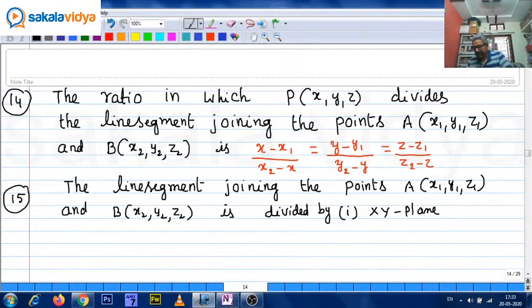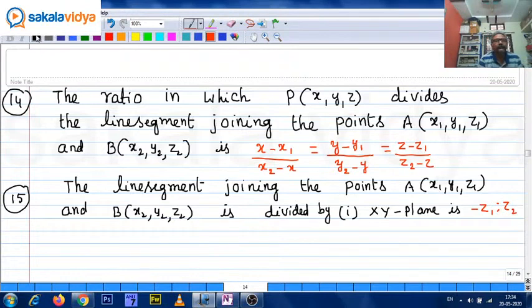Here we can write the ratio as minus z1 is to z2.